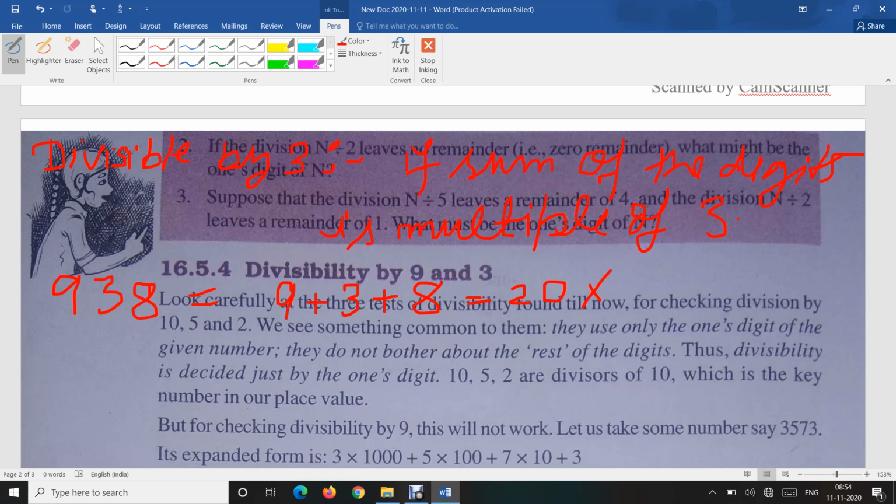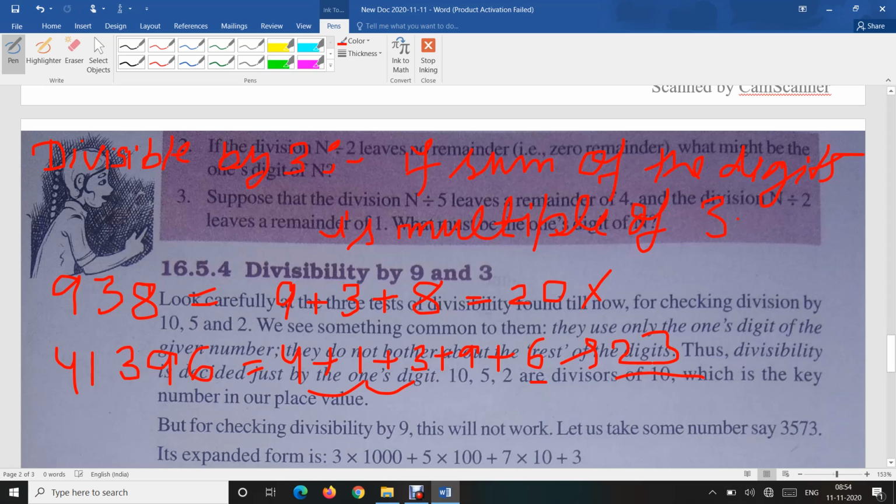Okay, now suppose you have a number 41396. Now you can see that you can add the digits 4 plus 1 plus 3 plus 9 plus 6. Now check: 4 plus 1 is 5, 5 plus 3 is 8, 8 plus 6 is 14, 14 plus 9 is 23.